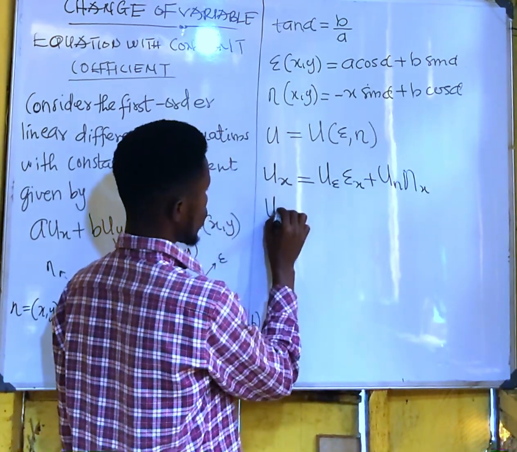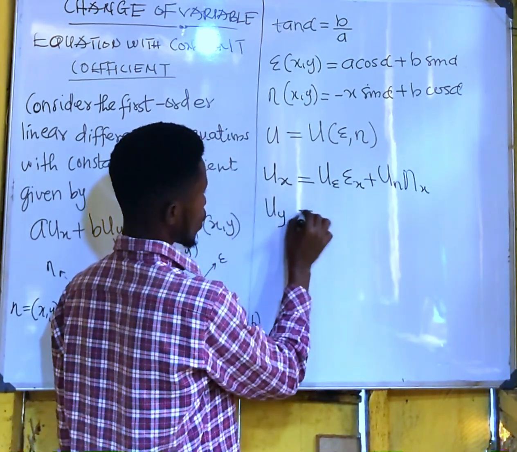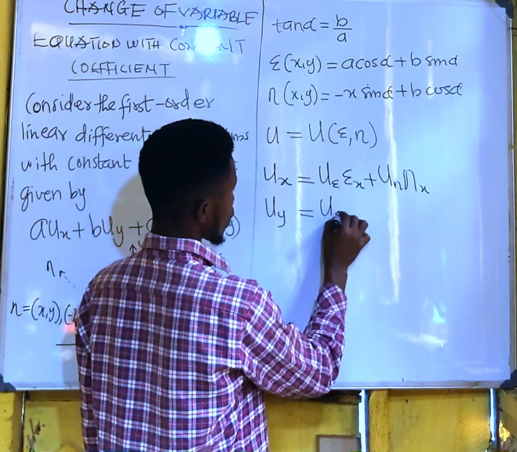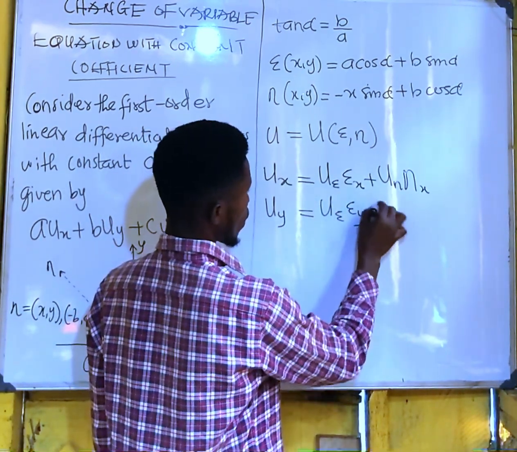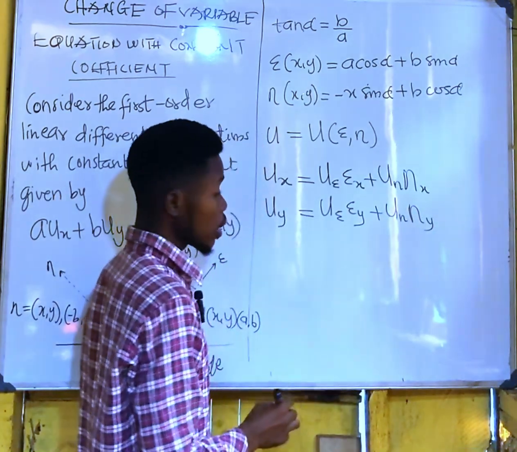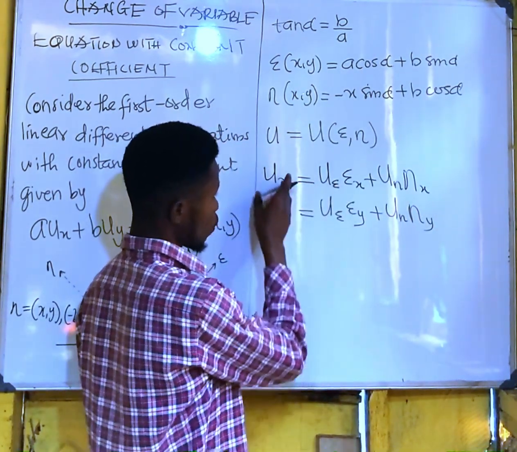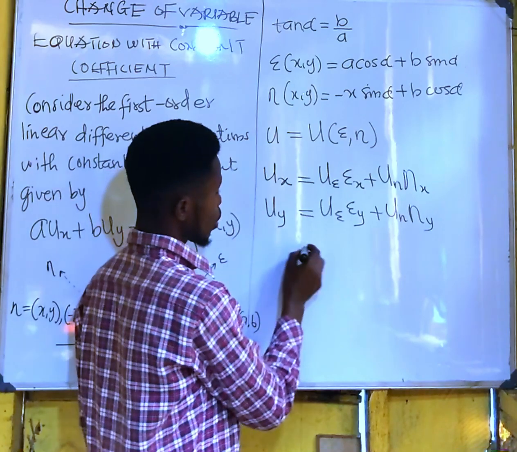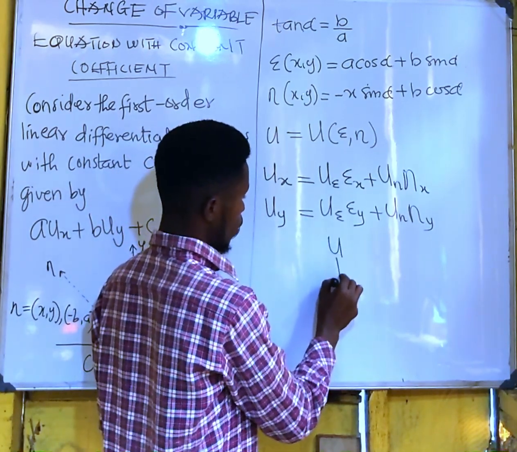Then u partial with respect to y, we have u xi y plus u eta y. If you think you'll be confused in terms of the definition of these two, this is how you look at it.